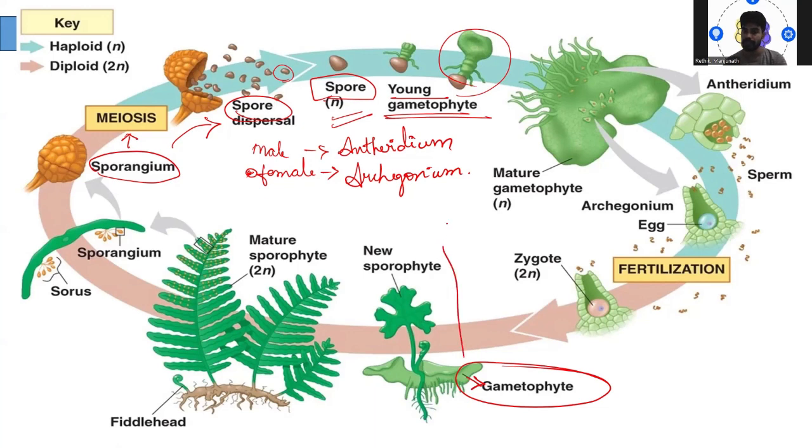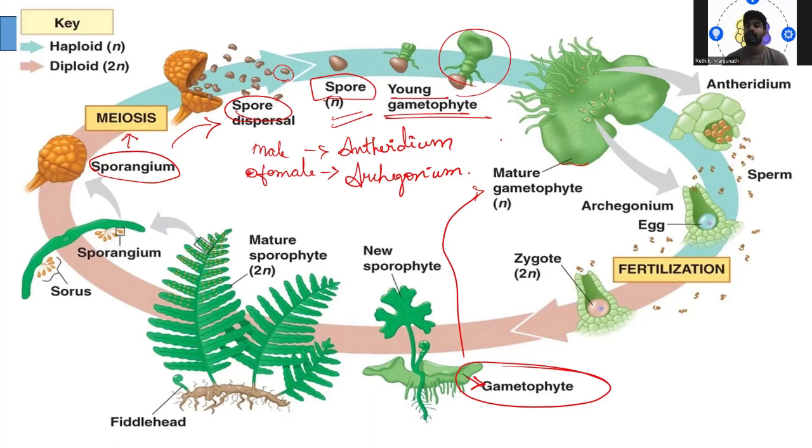This is the part where you will observe both the gametes, male gamete as well as female gamete. Both can be present on the same individual or on different individuals.